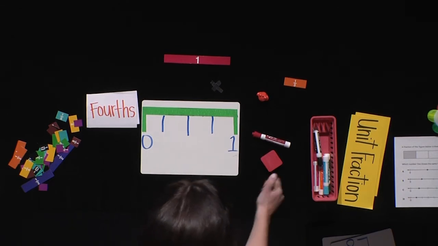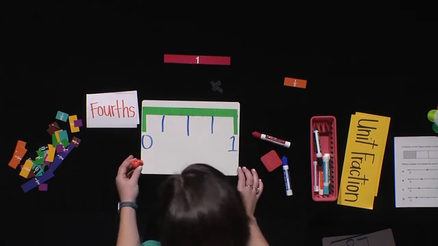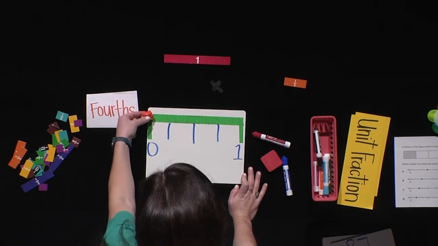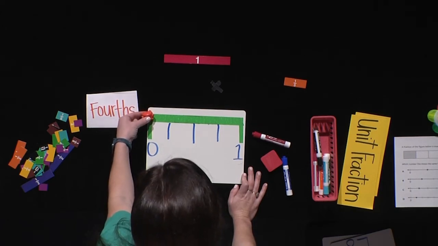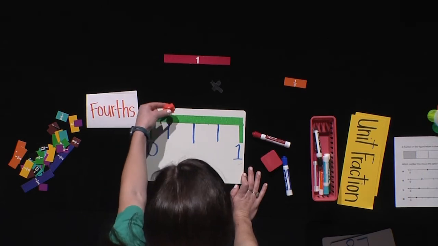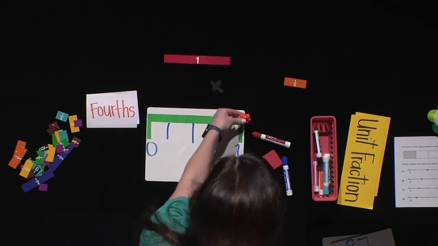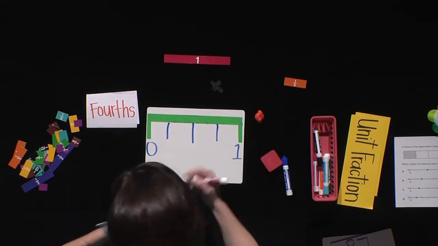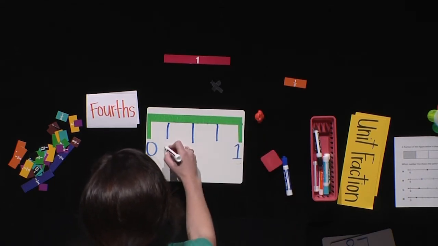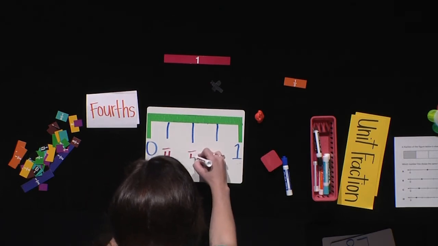Let's get Hippity Hop Henry to come and make sure that we've done our fourths correctly. We're going to start at 0, and we're going to jump 0 to 1 and done denom. 1, 2, 3, 4. So my number line has a 4 in the denominator.